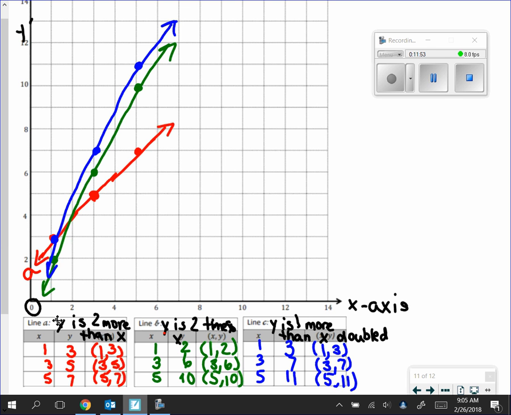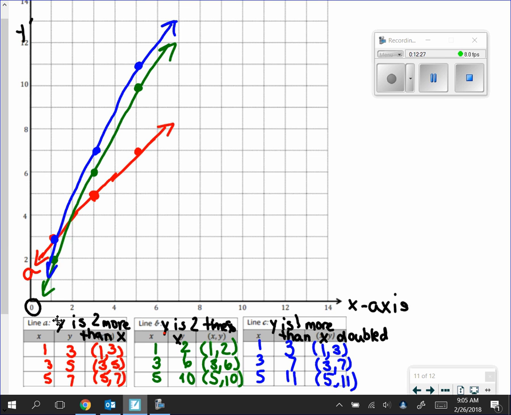Because like this line ended up going through 0, but if I had had a straight edge and not freehanded it, because they follow the rule, just like on that sheet when it's like pick what other points could be on the line, because they follow that pattern rule, it would continue on and still be on there. It would still work.